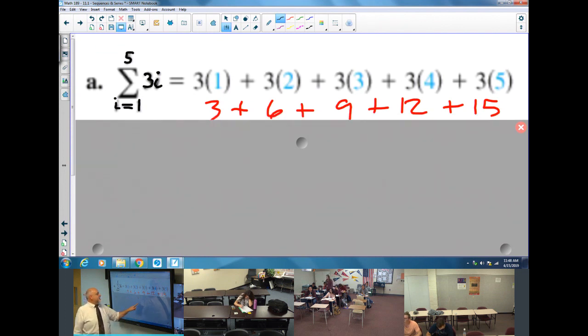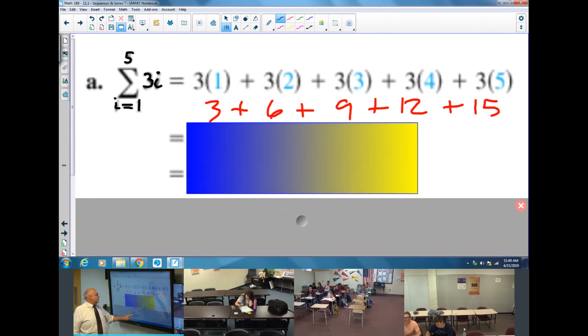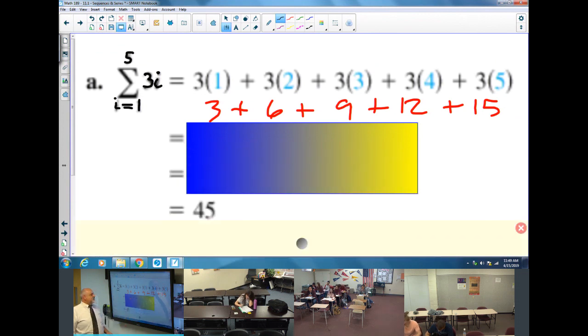The summation sign means you add those up. So you work it out and add it up, and you get a specific number. The answer is 45, the sum of all of those. Okay? All right. So see if you can do practice 2A at the bottom of the page there.